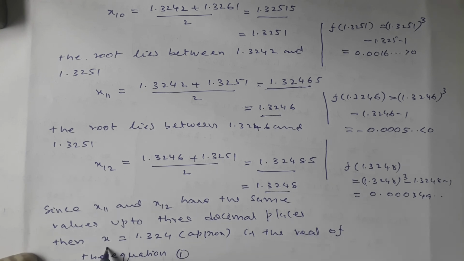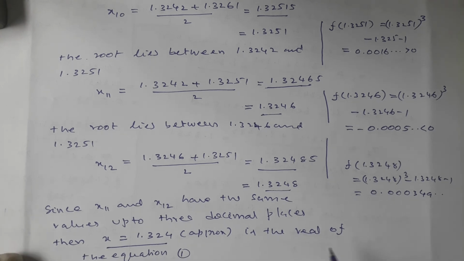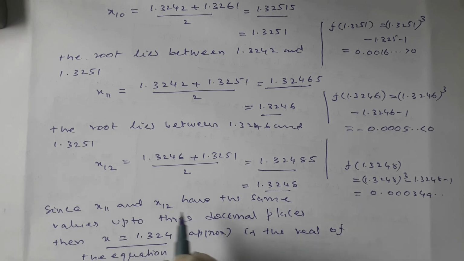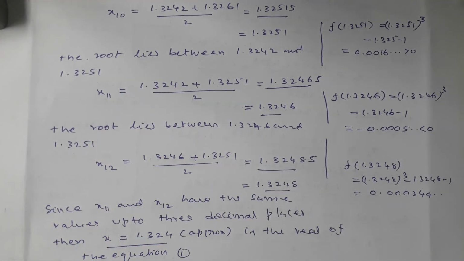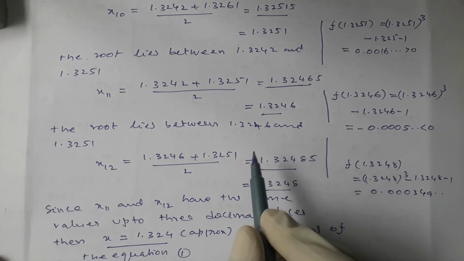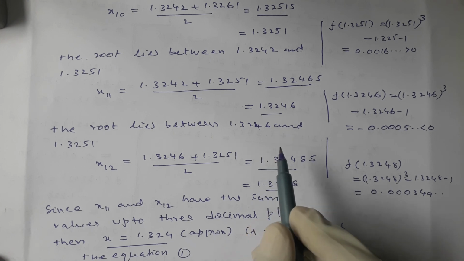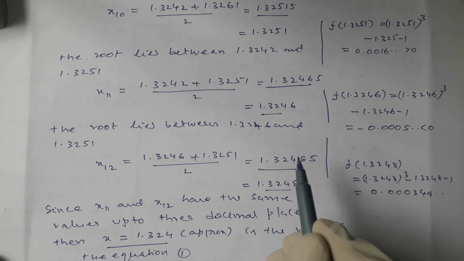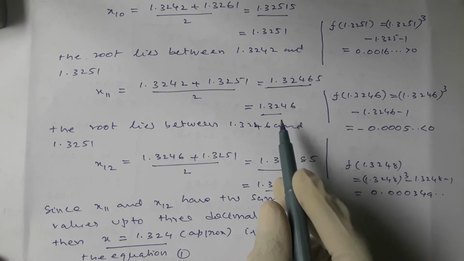See that approximation root. Even if you substitute this value in this equation, it will be almost 0, or approximately 0. Generally, we stop the computations by seeing that the last two computations up to 3 decimal places are similar.